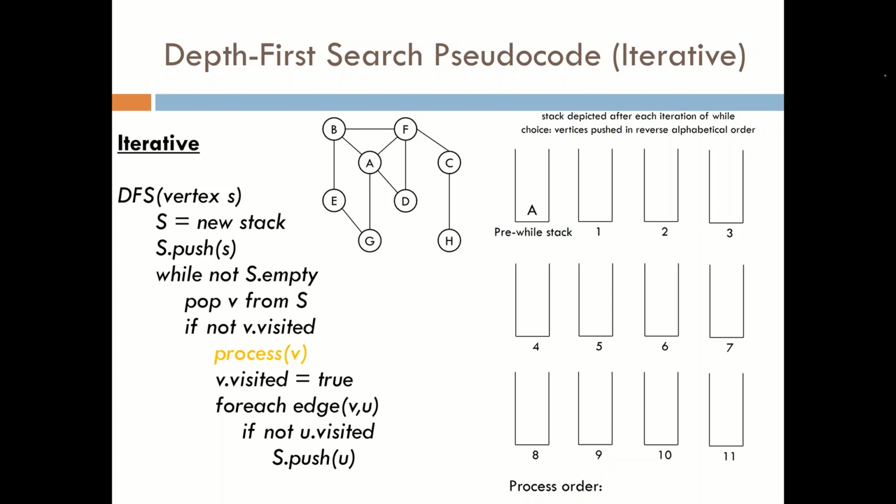You don't have to do it that way. You can do it in forward order, or you can do it in some random order. But in order to keep things organized, we will push the vertices in reverse alphabetical order.